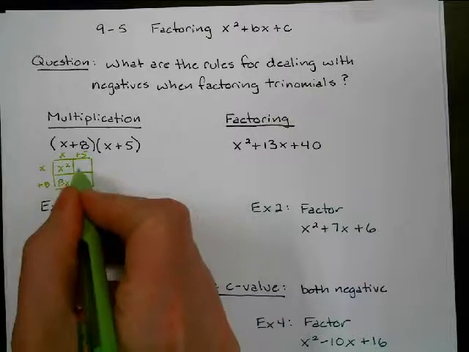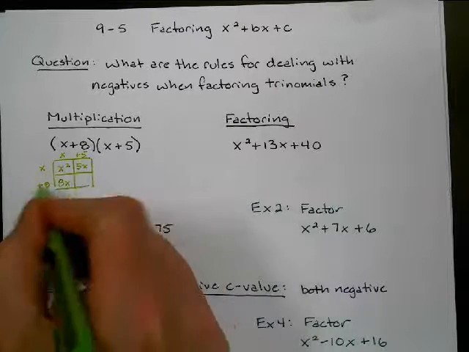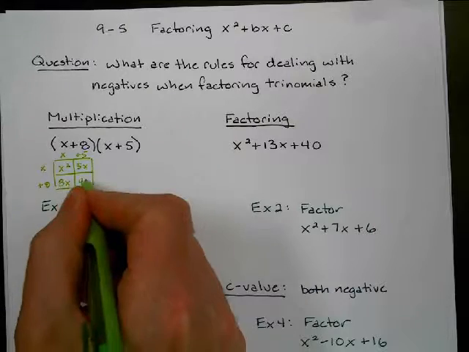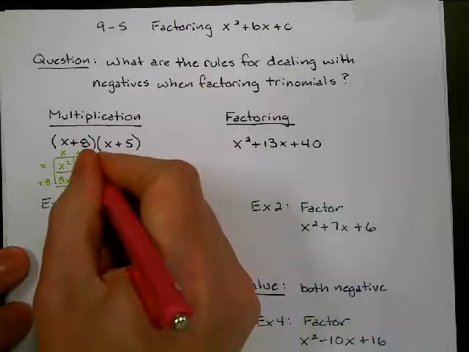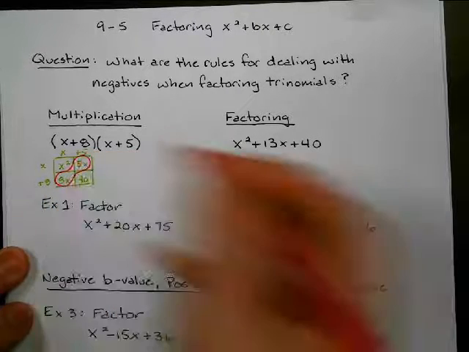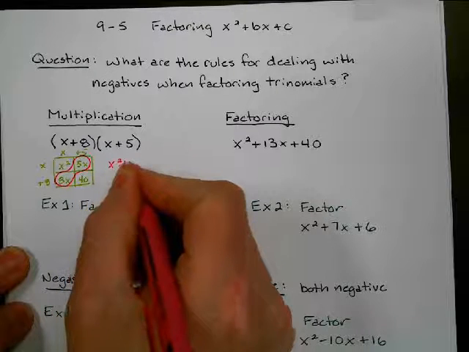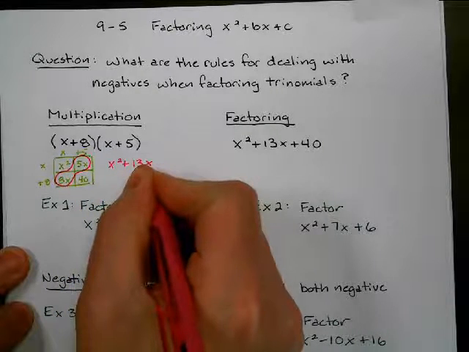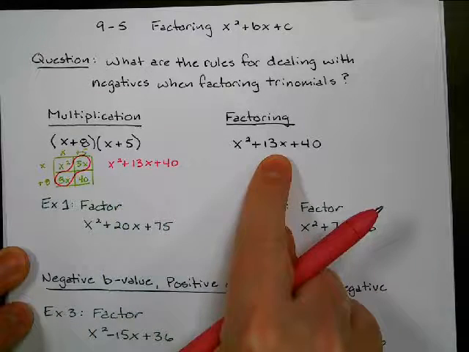Then we do 5 times x and get 5x. And then we get 5 times 8 and get 40. So we've got like terms here in the middle. We would have ended up getting x squared plus 13x plus 40. So that's what we have here.